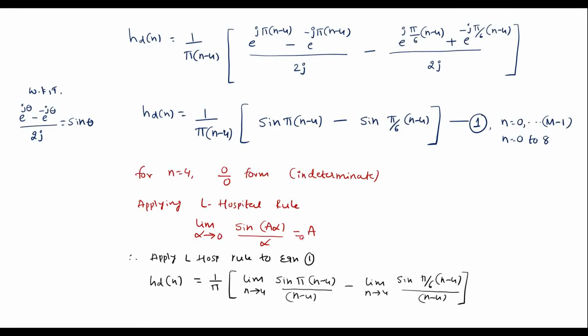Now we can compare this expression with this: sine a alpha by alpha is equal to a. In this case alpha is n minus 4 and a is pi. Similarly in this term a is pi by 6 and alpha is n minus 4. So by applying L'Hospital rule, this leads to pi and this leads to pi by 6.